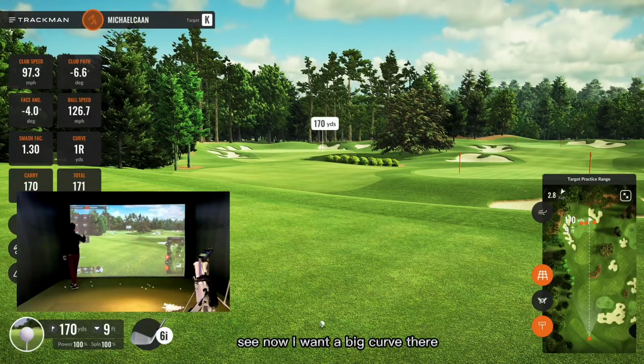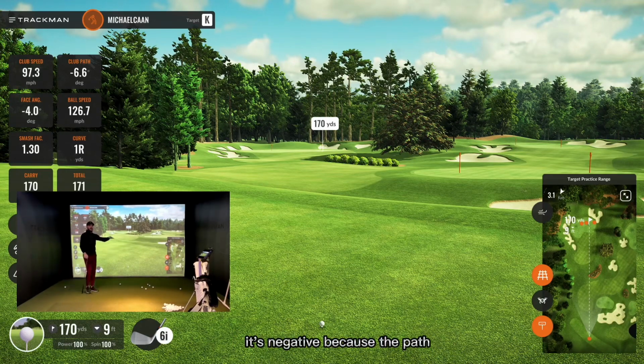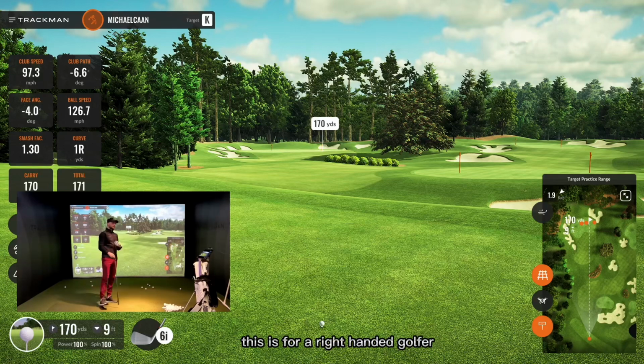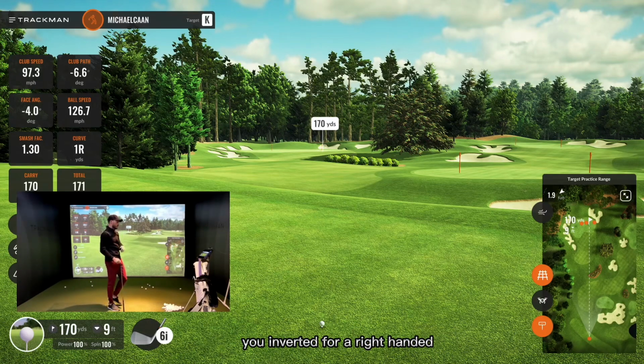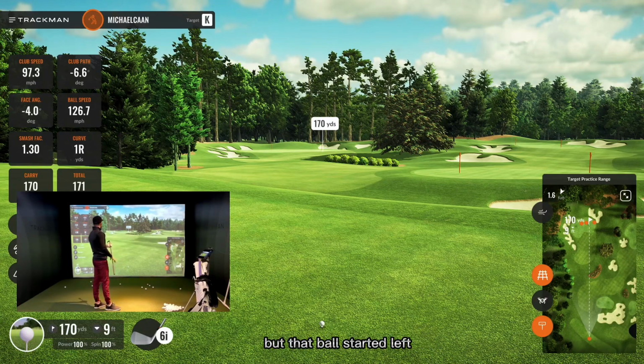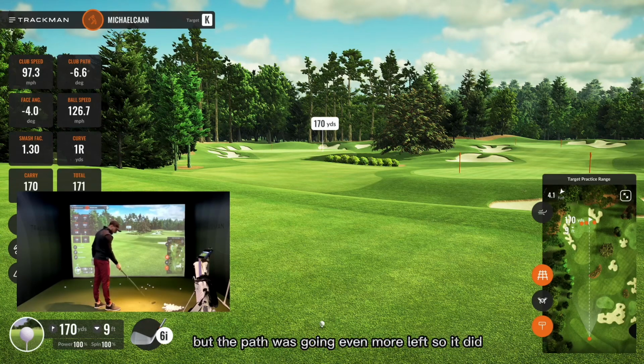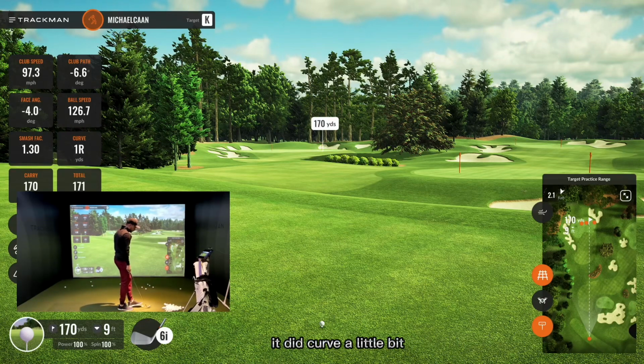Not a big curve there because these are very, very close. But see how it's negative? Again, it's negative because the path or the face was closed at impact. This is for a right-handed golfer. You invert it for a left-handed golfer. But that ball started left because the face was closed at impact, but the path was going even more left, so it did curve a little bit, right?